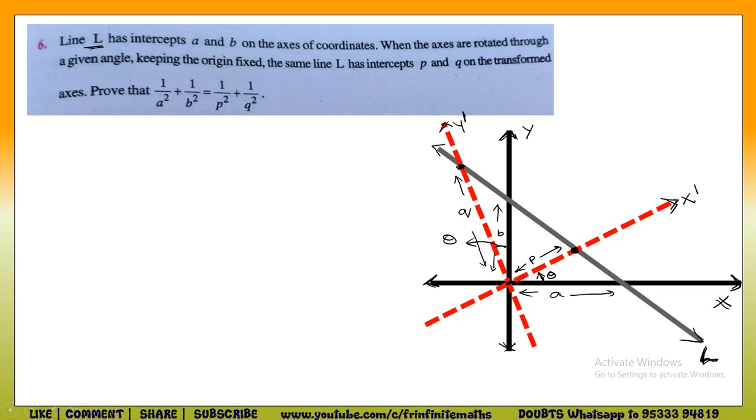Now what he is asking you to prove is 1 by a square plus 1 by b square is equal to 1 by p square plus 1 by q square, right?